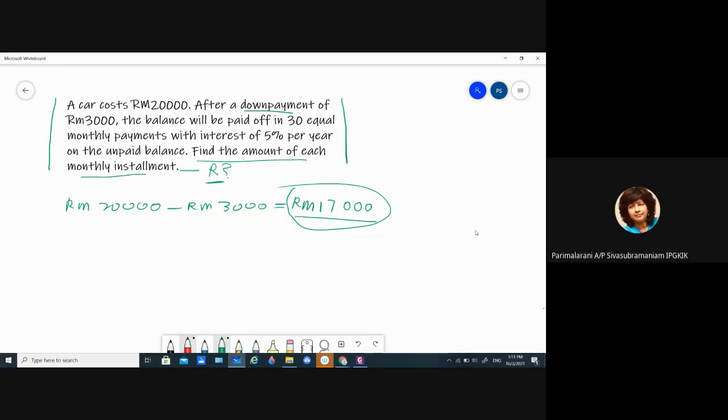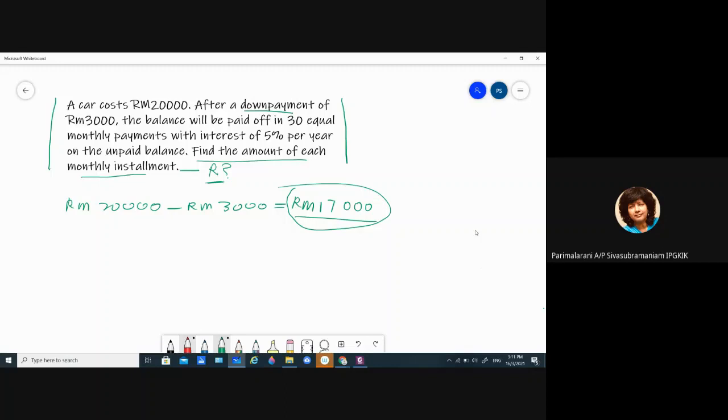S means future value. The car is 20,000. You paid 3,000 already. You have 17,000 to pay. Today you must pay 17,000, but you don't want to pay 17,000 today. You want to pay it every month for 30 months. So what value is 17,000? Present value.